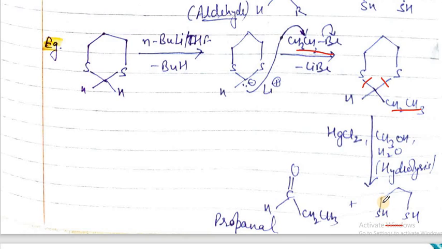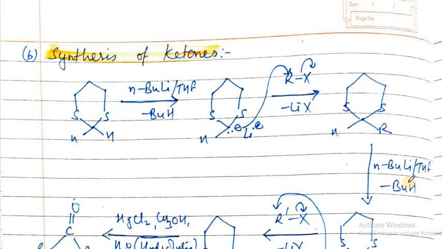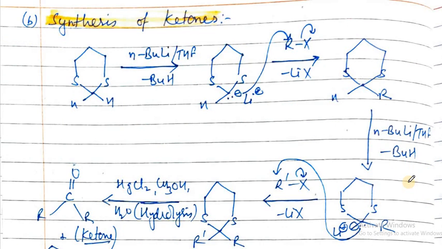This is important. It can be asked directly how aldehydes and ketones can be prepared from 1,3-dithiane. So next is preparation of ketones from 1,3-dithiane. First it is treated with butyl lithium and tetrahydrofuran solvent, and then this carbanion formed reacts with alkyl halide to give this alkylated product, and now this step is repeated again so that this hydrogen can also be replaced with alkyl group.